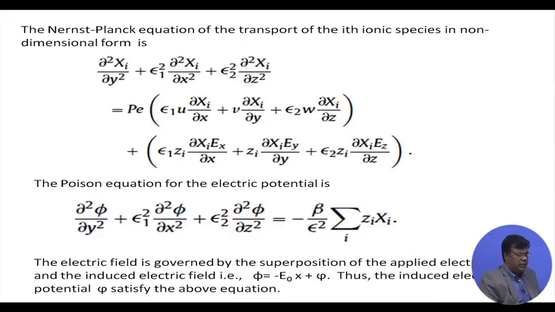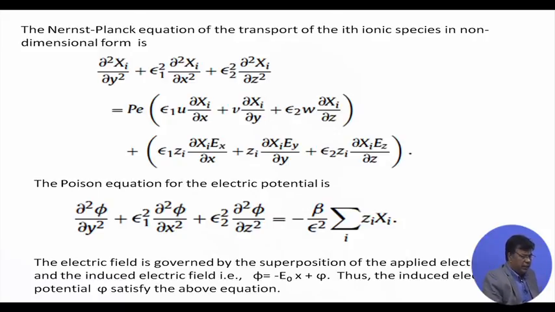So basically we are considering a cation and anion, but since we are considering Nernst-Planck, we can have multivalent ions or more than two ionic species. The valence can be fractional, and the electric field is governed by the usual Poisson equation for electric potential.